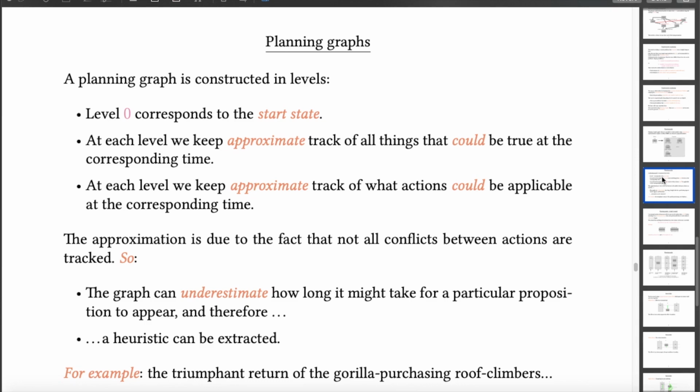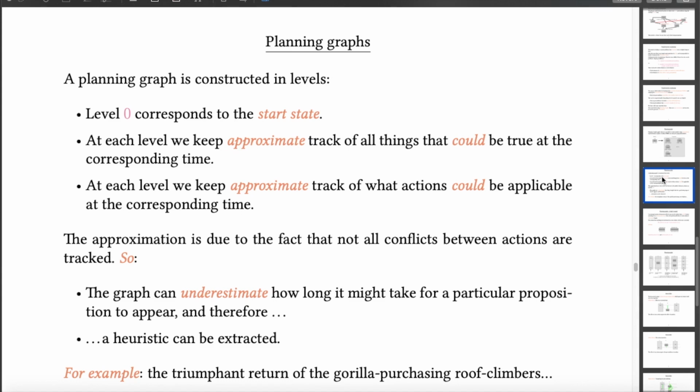And the time at which it becomes true can depend on how earlier actions interact with one another, in the sense that some may clobber others. And here, because we're not going to keep track of all the possible conflicts between actions, we're going to generally end up underestimating how long it takes to make something true. And it's underestimates that we want for designing good heuristics.